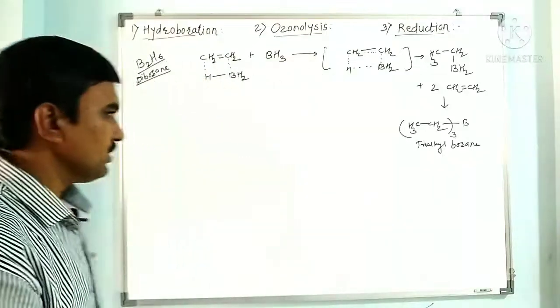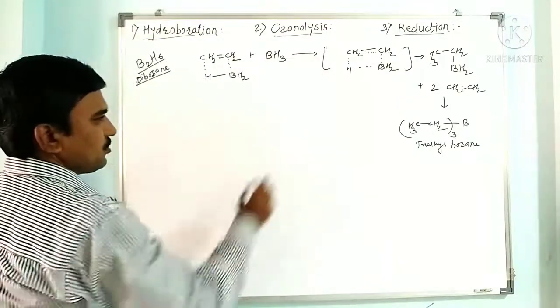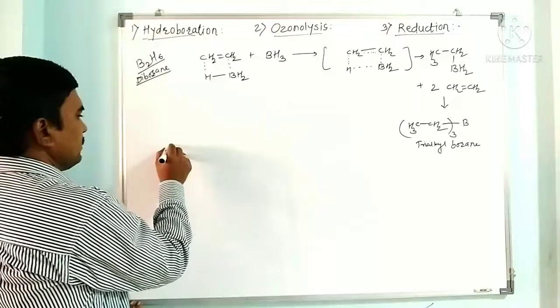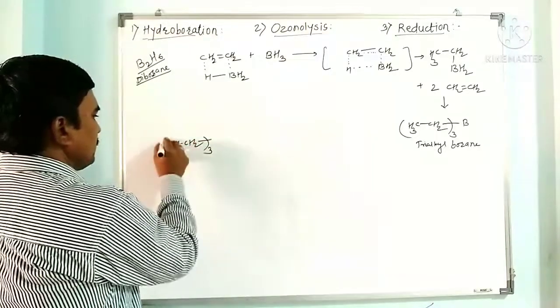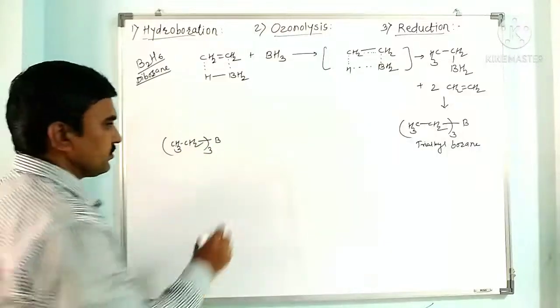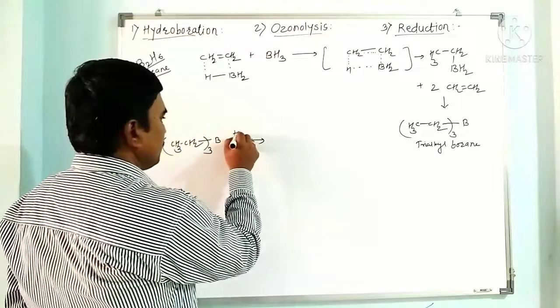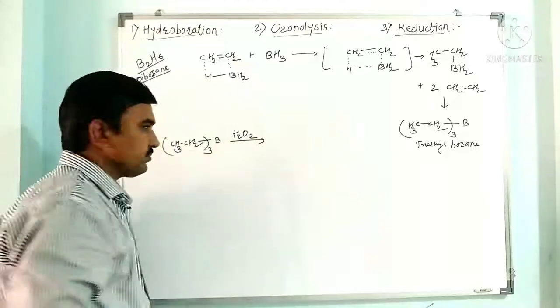Now this trialkyl boron undergoes oxidation. So this is (CH3CH2)3B, which undergoes oxidation in the presence of hydrogen peroxide, H2O2.